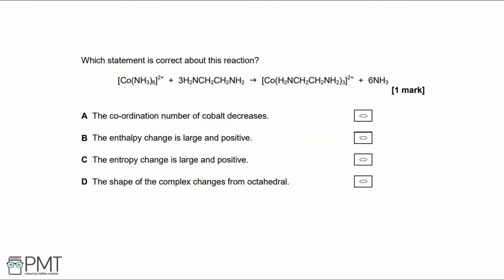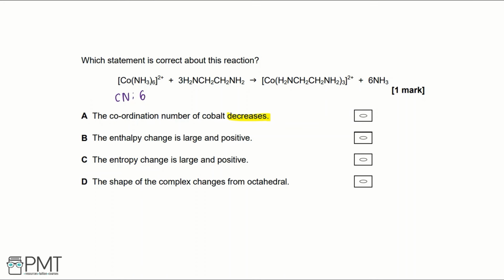So the coordination number of cobalt decreases. So we need to work out the coordination number of cobalt in its first state and then its second state, or its two complexes. So cobalt in its first complex has a coordination number of 6 because we have 6 ligands coordinating around cobalt's central metal ion.